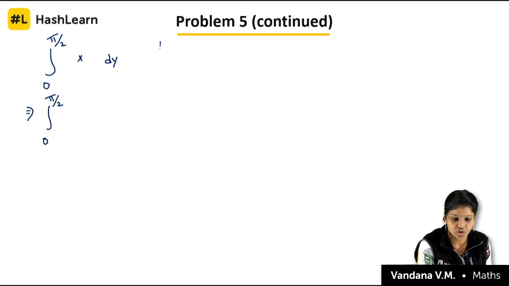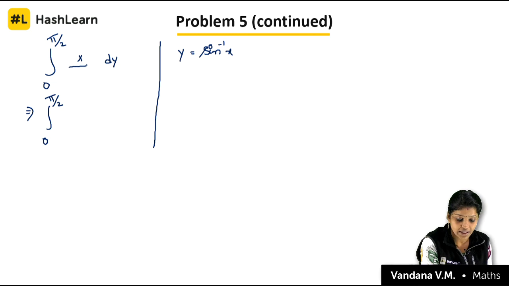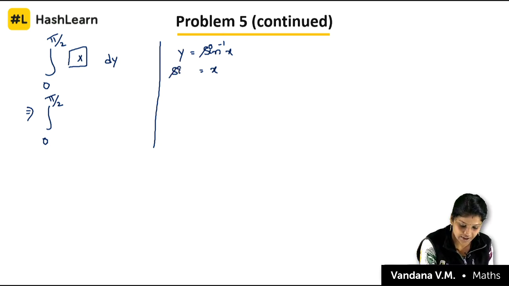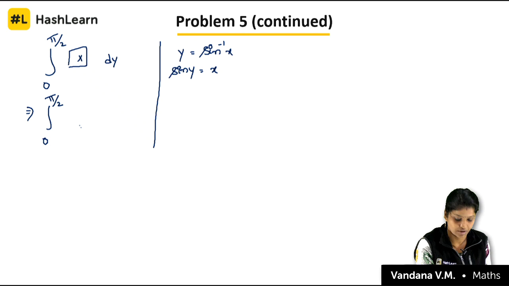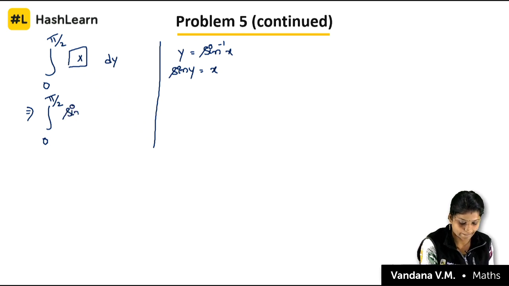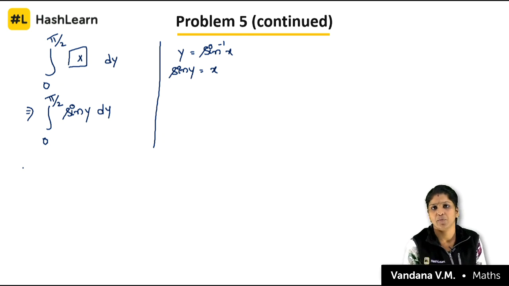What is the given question? Your given question is y is equal to sine inverse of x. X alone I have to write. So, bring it to this side, that is x is equal to, if the inverse comes to this side, it is sine y. So, sine y dy.